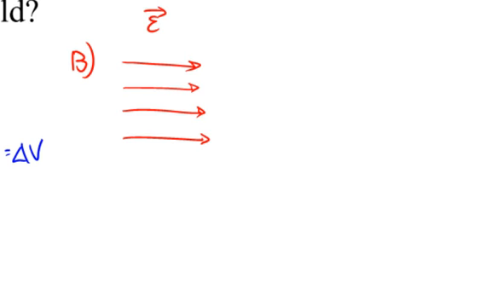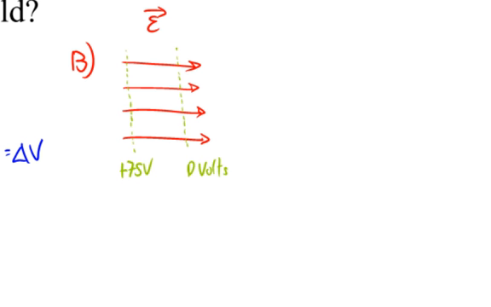I want to imagine that these 4 arrows are electric field lines, and realize that the plus 75 volts is where a positive test charge would have high electrical potential energy. And the 0 volts, the low potential part, is where it has low potential energy. So the 75 volts is going to be to the left side of this diagram, and the 0 volts is going to be to the right side.